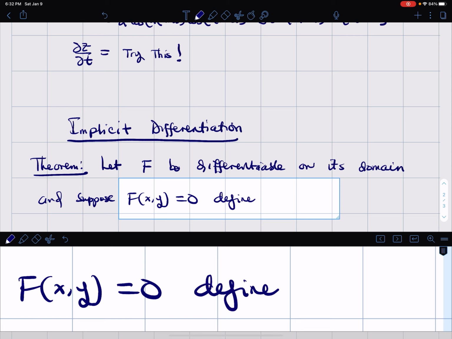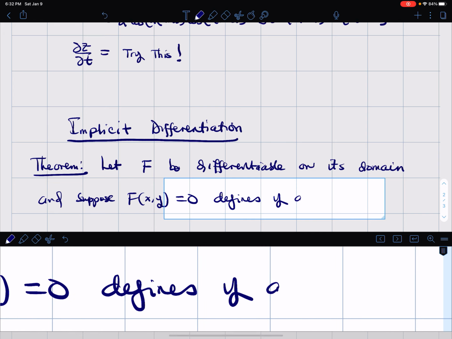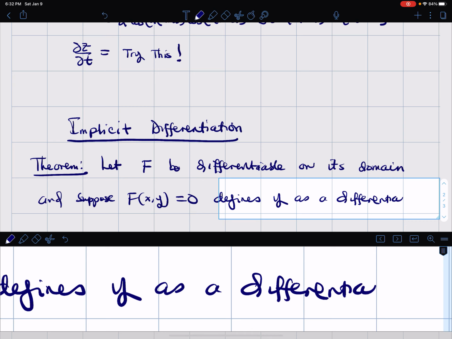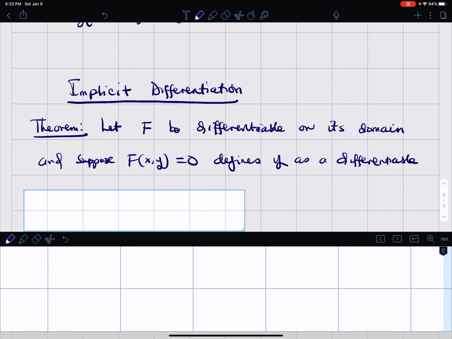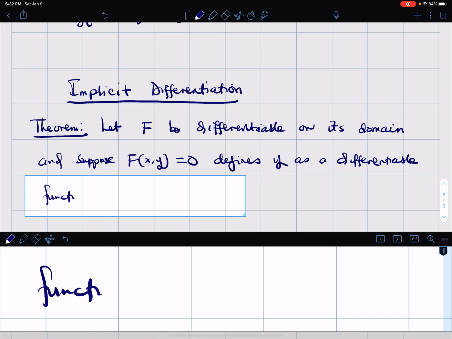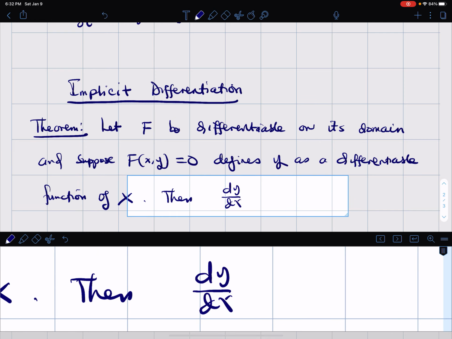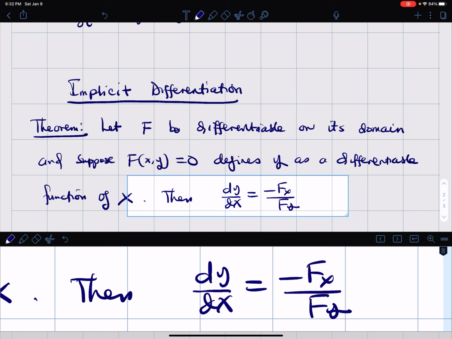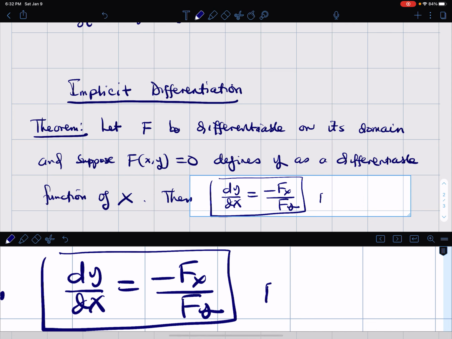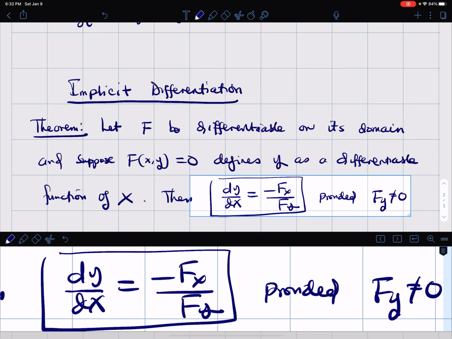And let's assume this defines y as a differentiable function of x. Then dy/dx is equal to negative fx over fy, provided fy is not equal to 0.